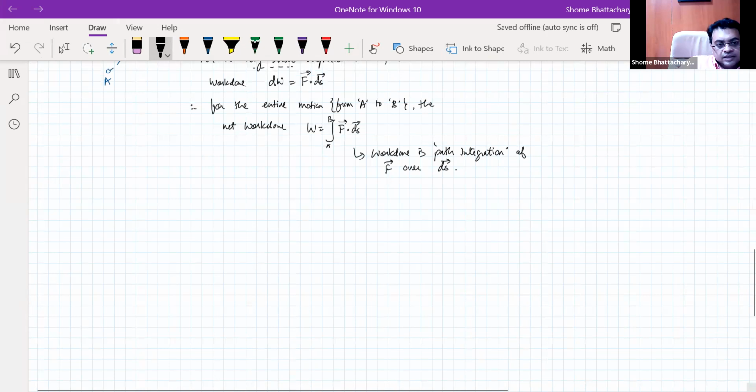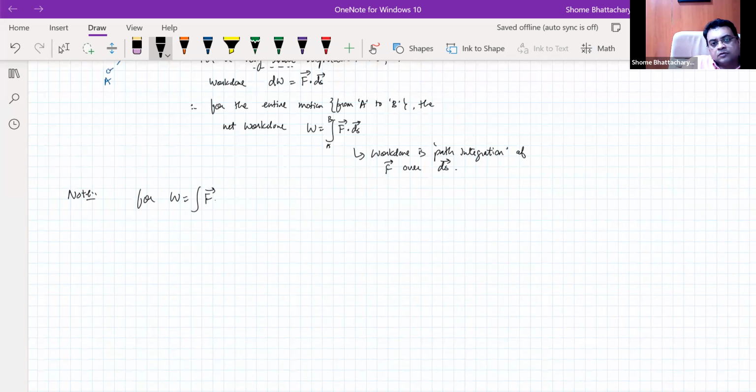Okay, so let's look at an example question now of work done by a variable force. Yeah, but before that, we'll note down the important thing that for the formula, the general formula, work done by any force, this is the general formula or definition also you can call it, because it defines work done as the path integration of force over displacement.